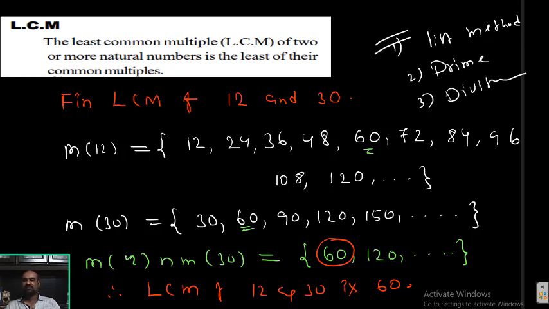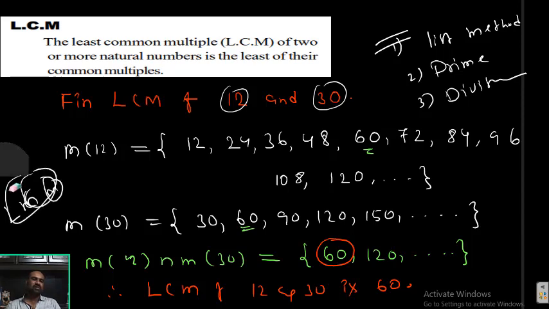What I explained is the listing method. You find multiples of 12, multiples of 30, after that the intersection, after that the least one. So by the definition, LCM: multiples, commons, after that least. So LCM of 12 and 30 is 60. Okay.